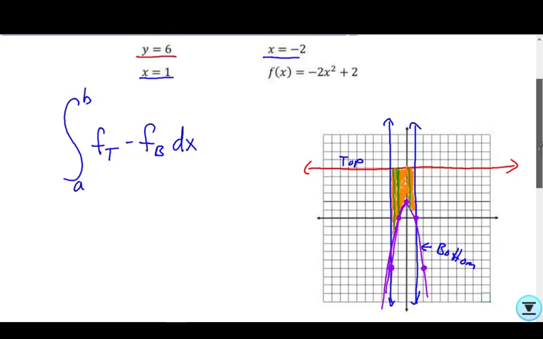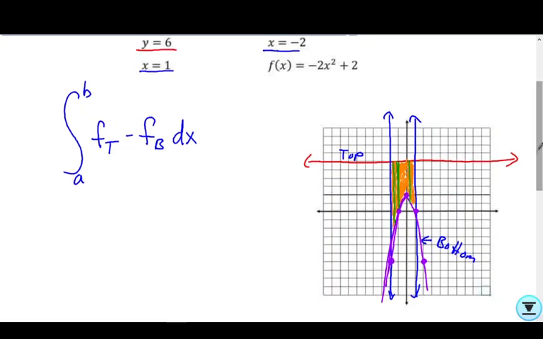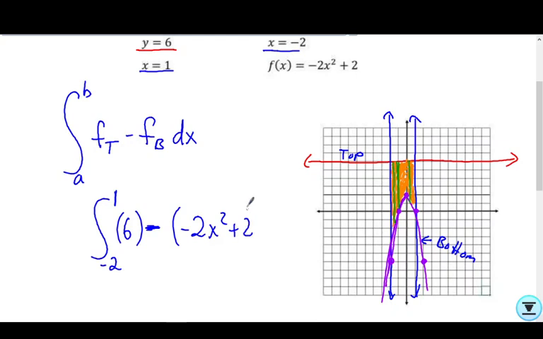Those other two, x equals -2 and x equals 1, are what's causing my area to start and stop, because if I move either one of these vertical lines over, my area gets bigger. So those two equations are basically my a to b. So it's -2 to 1, and it's my top function, y equals 6, minus my bottom function, -2x squared plus 2, dx.